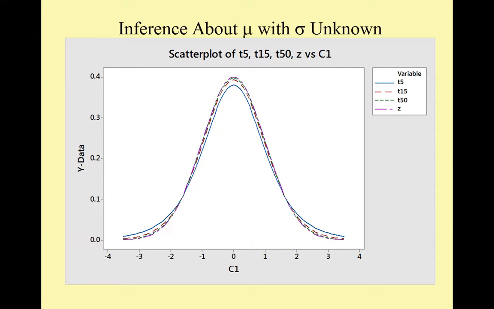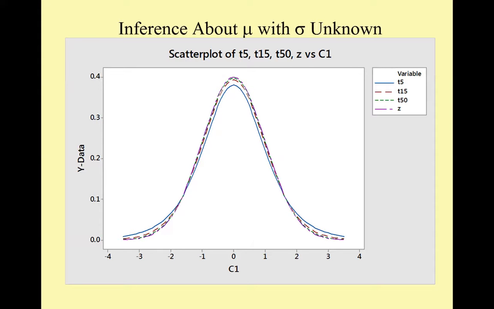As you go to T15 and T50, notice that the dashed red and dashed green lines are getting taller in the center, and they're getting shorter or closer to the horizontal axis, or they have less probability as you get towards the edges, around -3 and +3, for example.